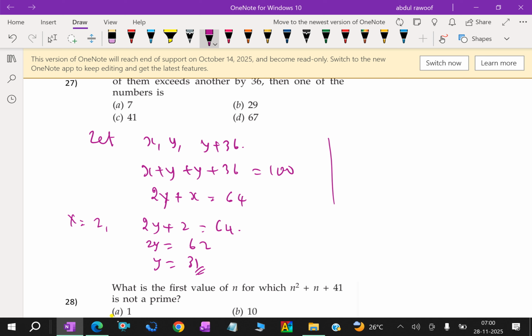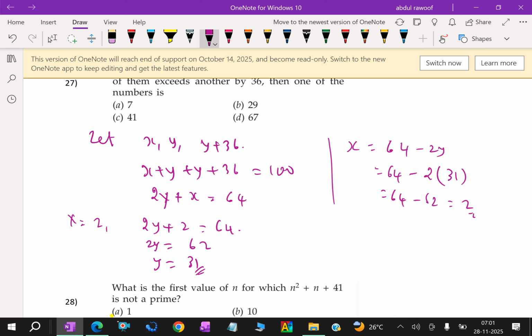X equals 64 minus 2Y. 64 minus 2 into Y, Y is 31. 64 minus 62 is 2. So we got X is 2 already.